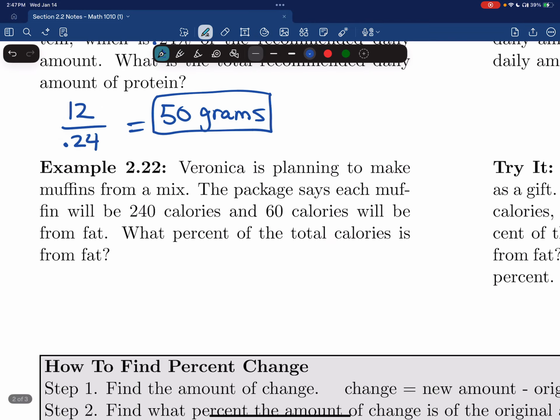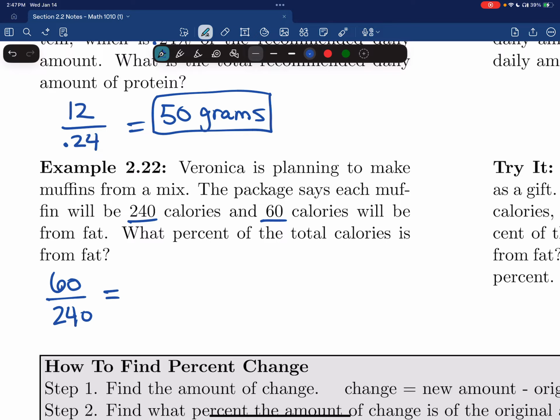Example 2.22. Veronica is planning to make muffins from a mix. The package says each muffin will be 240 calories and 60 of those calories will be from fat. What percent of the total calories is from fat? Well, we've got 60, and that'll be the numerator of a fraction. 240 will be the denominator of that fraction.